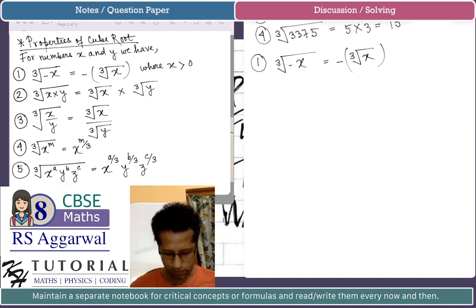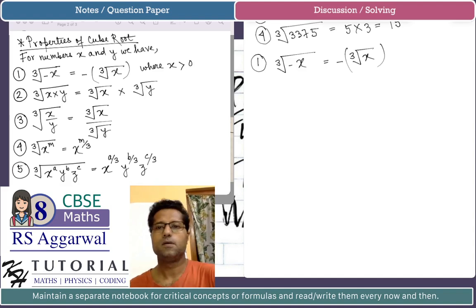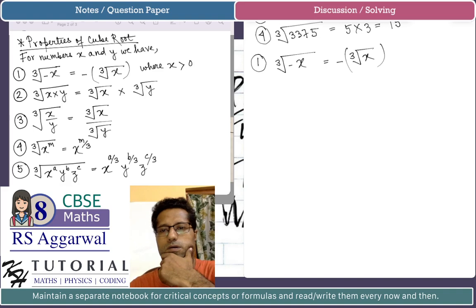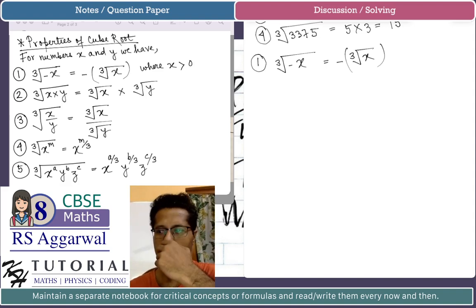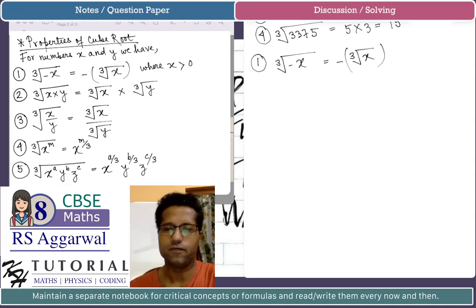This is something you must clearly understand. We know that the cube of a negative number is a negative number. This is the reason why the cube root of a negative number is also a negative number. So the cube root of minus x will be equal to the negative of the cube root of x, and the cube root of x will be a positive number since x is positive.